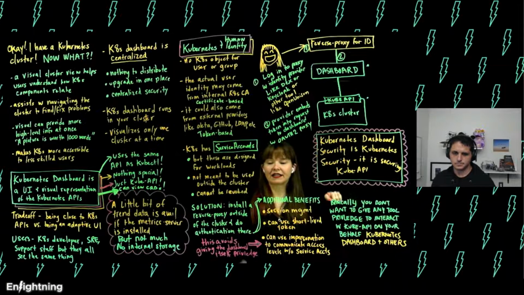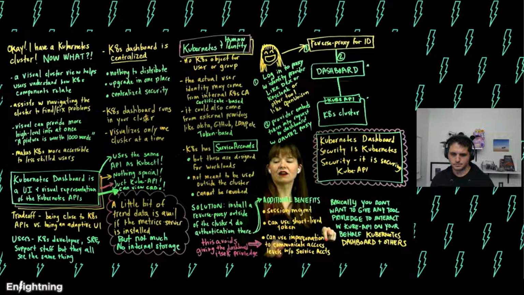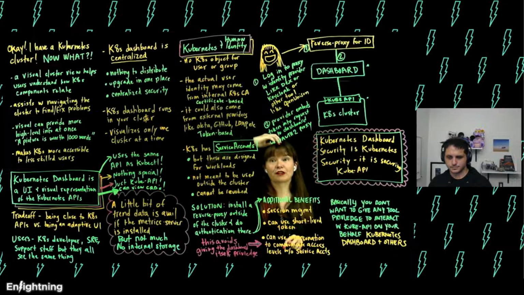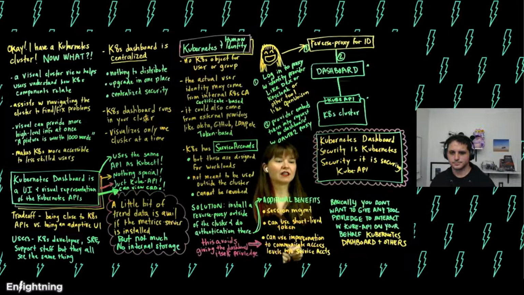And all of these are avoiding giving the dashboard itself too much privilege. And that's important. Basically, with dashboard or any tool, you don't want to give the tool privilege to interact with the Kube API itself on your behalf. That's just an unsafe practice.